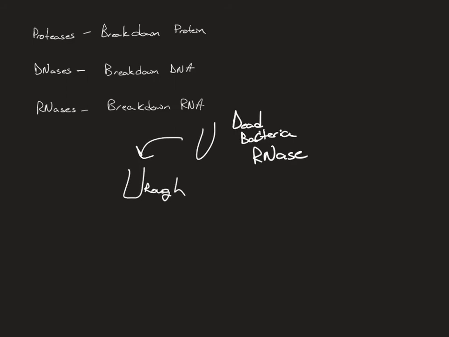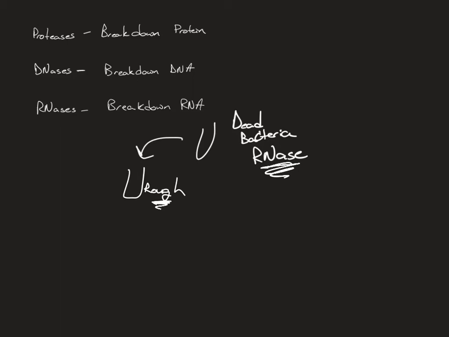What did this do? Broke down all the RNA, so there's no RNA in here, right? So if this rough becomes deadly, then we know what? That RNA is not the inheritable material.